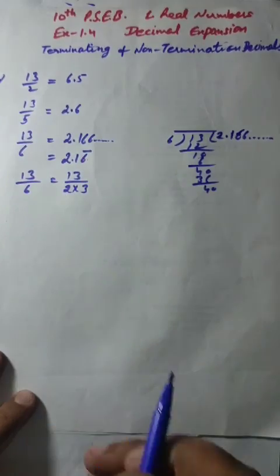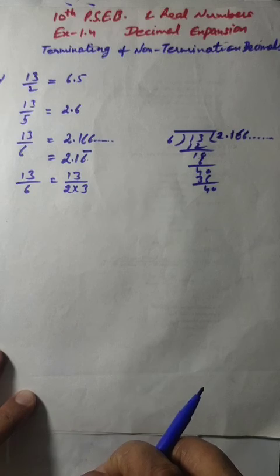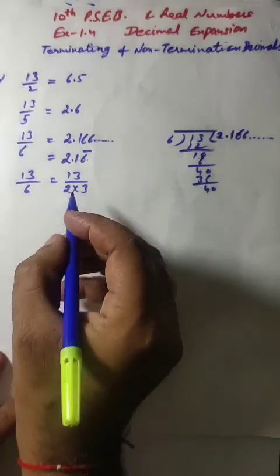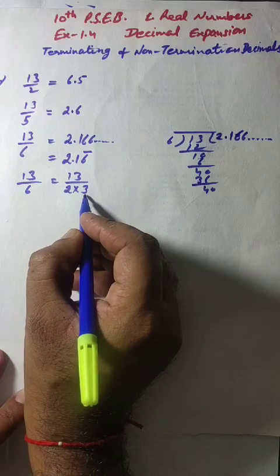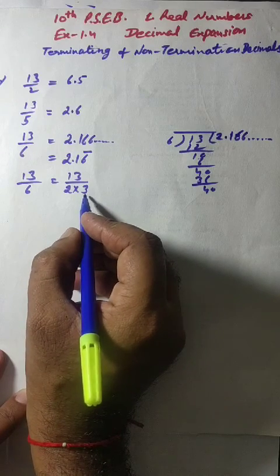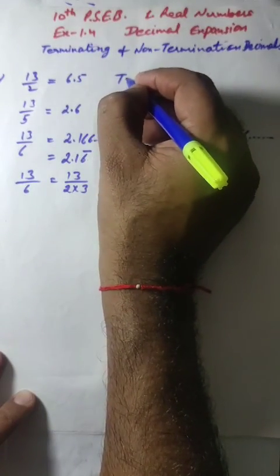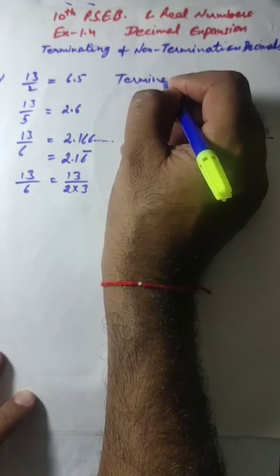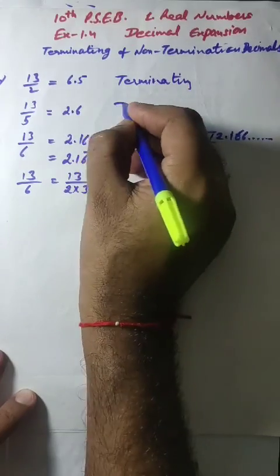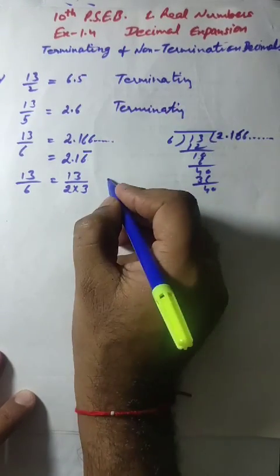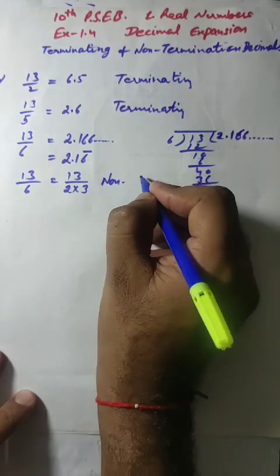But if there is any other prime number in the denominator other than 2 or 5, that means we are having here 3, so this will become a non-terminating decimal number. These are called terminating, and this is non-terminating.